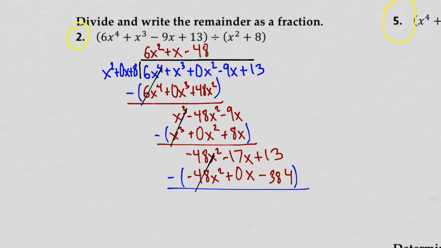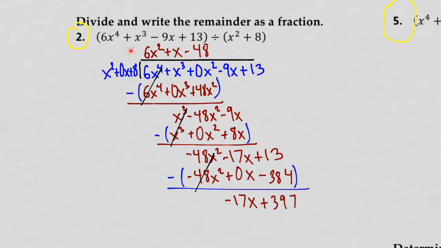Negative 17 minus nothing is negative 17. That one does not change. So you have negative 17x right there. 13 minus negative 384. So that means 13 plus 384. So it's 384 plus 13, which is going to be positive 397. And at that point you're done because there is nothing else.